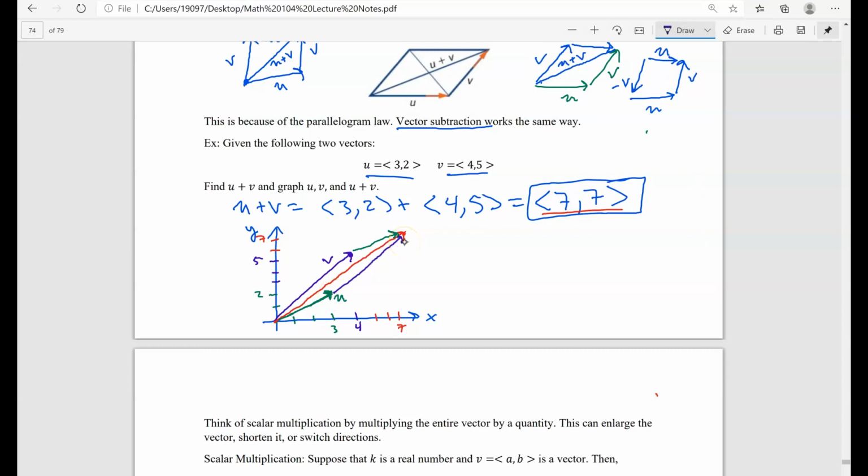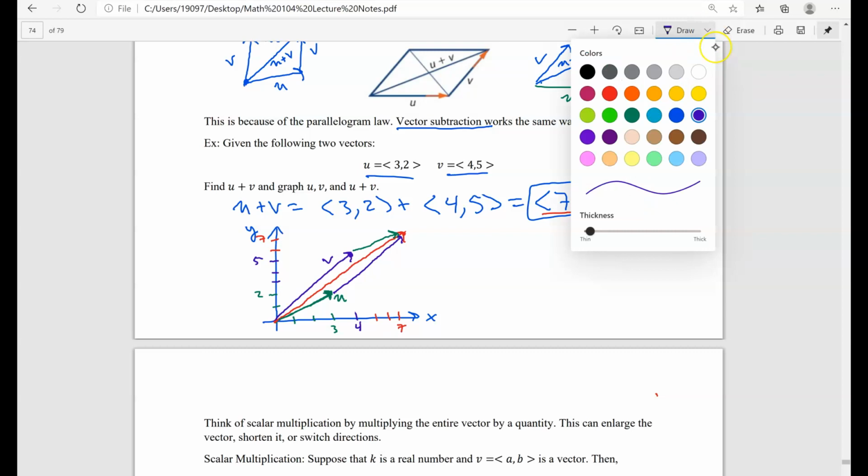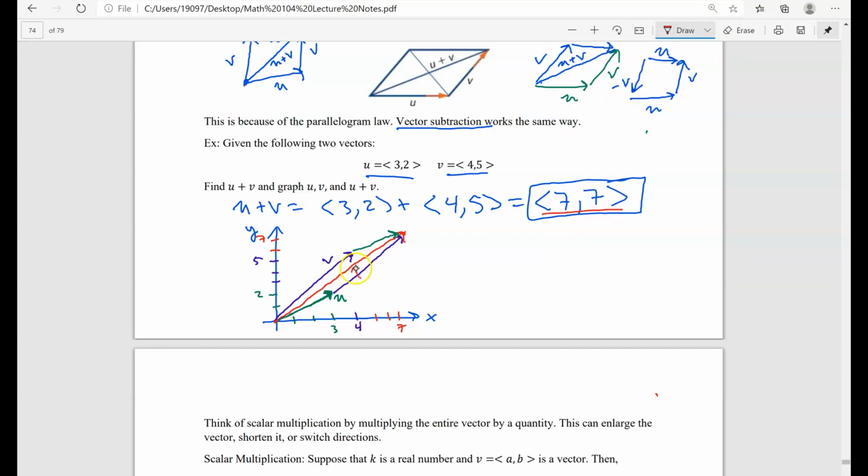So you can see this parallelogram, and the diagonal is going to be the sum of the two vectors. Geometrically, this is what's going on. So this is u plus v, the sum of the two vectors. Imagine that you have two different forces pointing that way, and the sum of the two forces goes right through the middle. Just giving you a little bit of an idea of how these vectors are working.